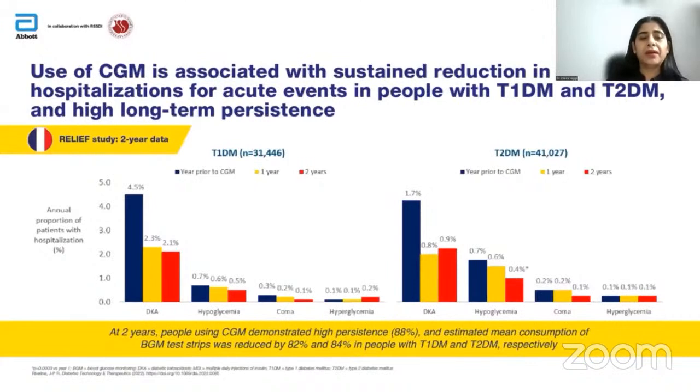The green bar is the annual proportion of hospitalizations prior to CGM. The light blue is 1 year after CGM use and dark blue is 2 years after CGM use.